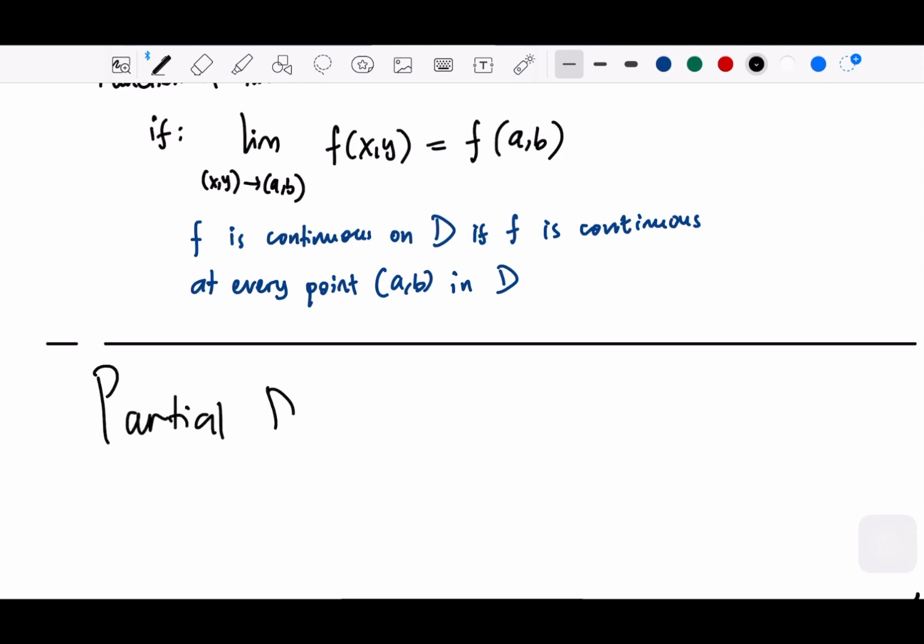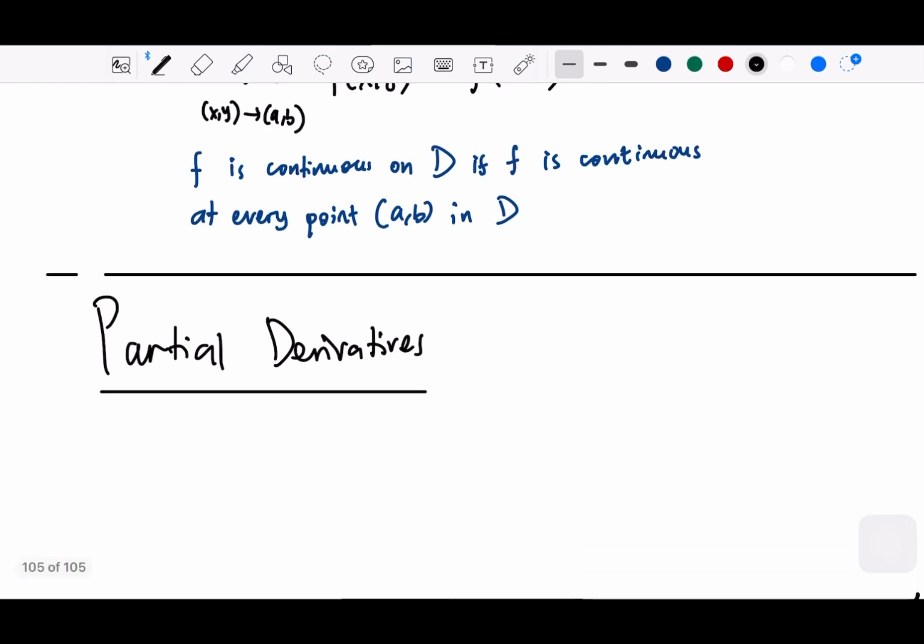So this is the partial derivatives. If z is a function of x, y, let me just write the definition first.